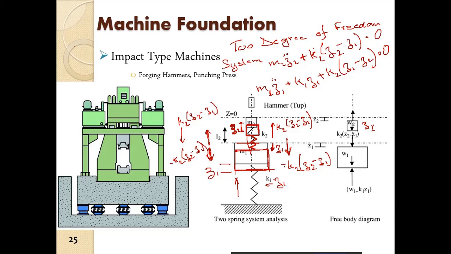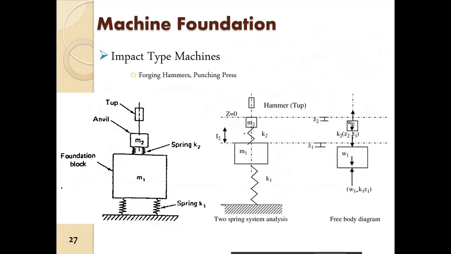So now if you look into the system, we have one mass which is vibrating at omega n1, and similarly we have the vibration here, omega n2.